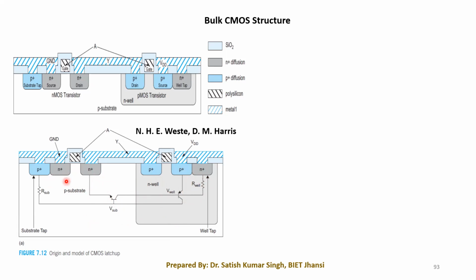When we apply certain voltages, at VDD and at the gate terminals, if this low resistance path gets turned on, it is going to have another conductive path, and that is going to affect the performance of the device.